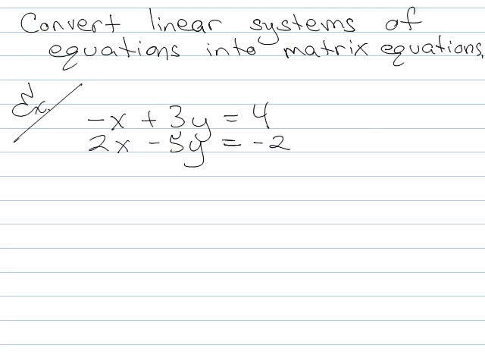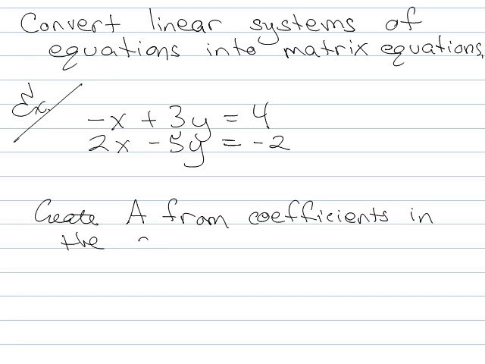And the way that we're going to do that is we're going to create a matrix A from the coefficients in the system. Like that. Okay? So by that I mean, first thing we need to recognize, what's the coefficient of negative x? Remember, coefficient of negative x is -1.